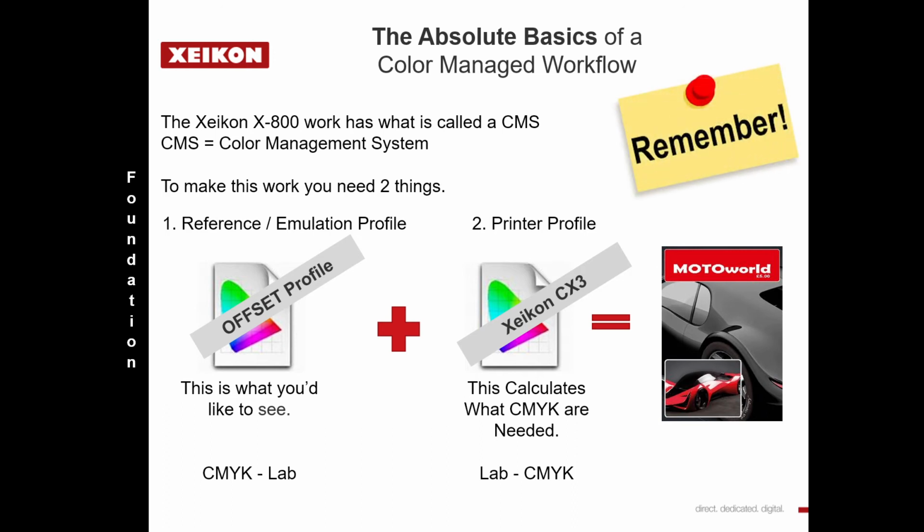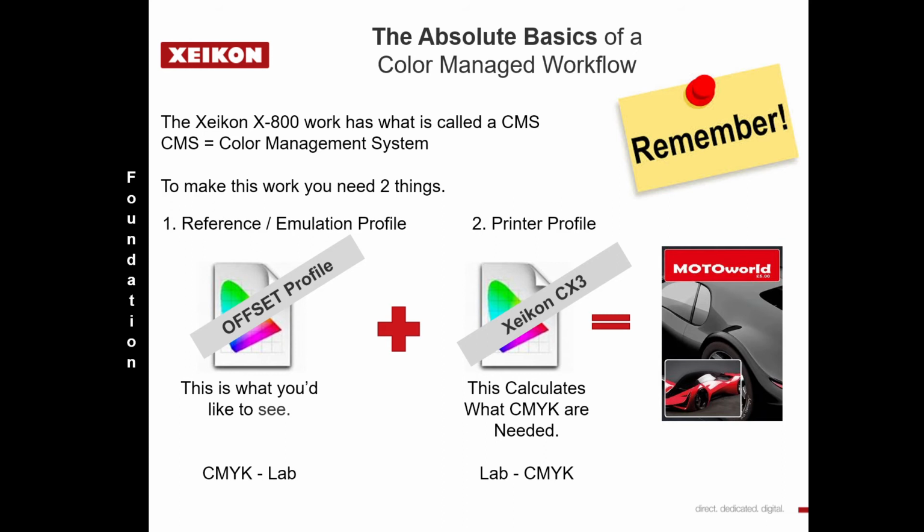Now, remember this. This is the key formula, the basic formula for sanity in any color managed workflow. And the thing to remember is this. If you don't like what you see, you have to ask yourself, is it a matter of taste, i.e. it's technically correct, but it's not what you would really like, then you need to change your reference.